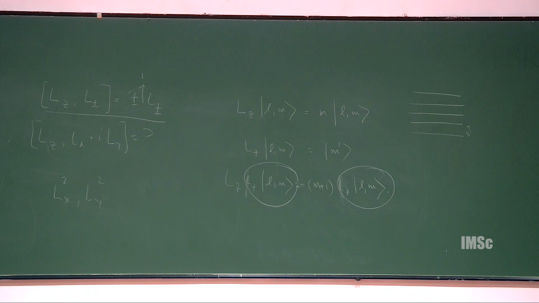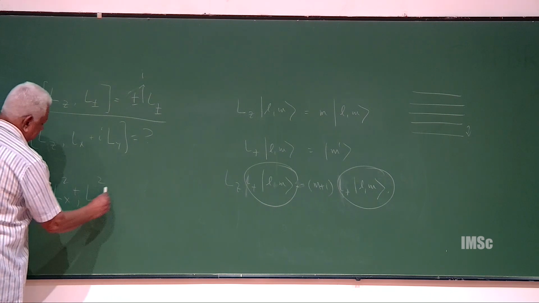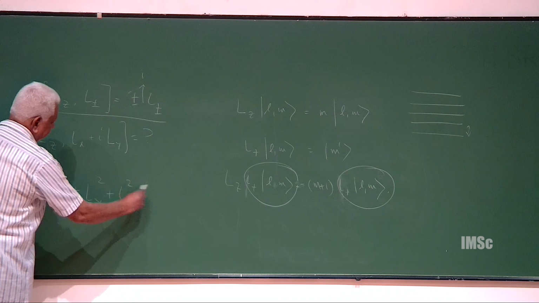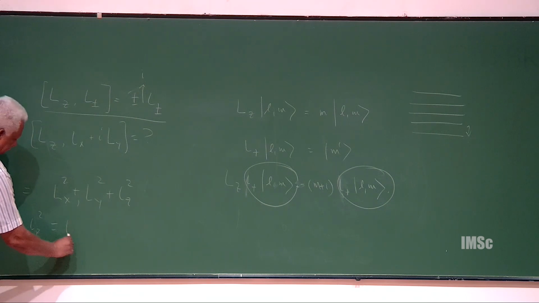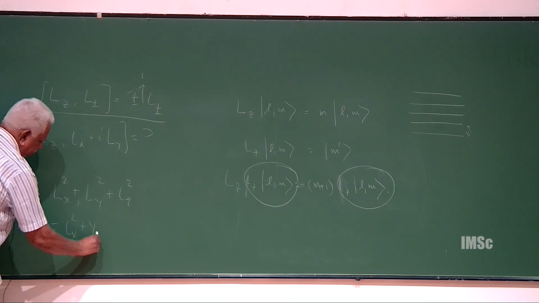It will have only positive eigenvalues. Now, L square we know is Lx square plus Ly square plus Lz square. L square is also positive. Now I take this Lz here: L square minus Lz square is equal to Lx square plus Ly square.